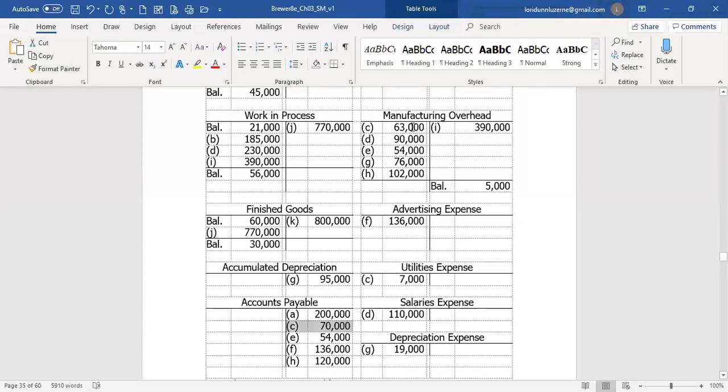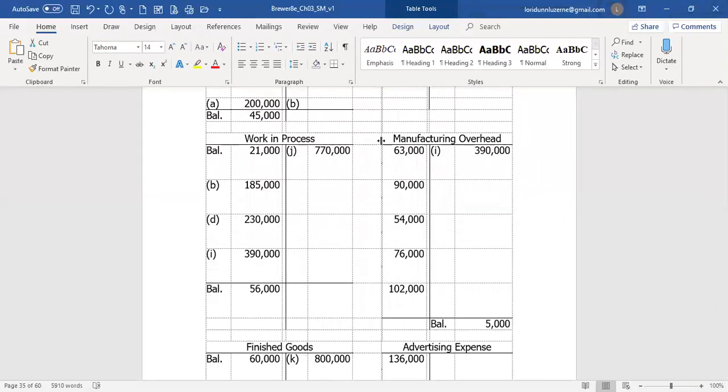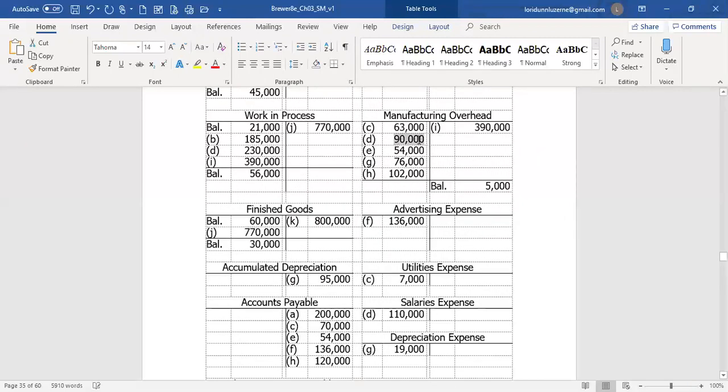In D, we debited manufacturing overhead for the cost of salaries that are part of the factory but not part of direct labor. We debited the work in process inventory account for the cost of the people actually working on the heavy equipment, the direct labor, $230,000.